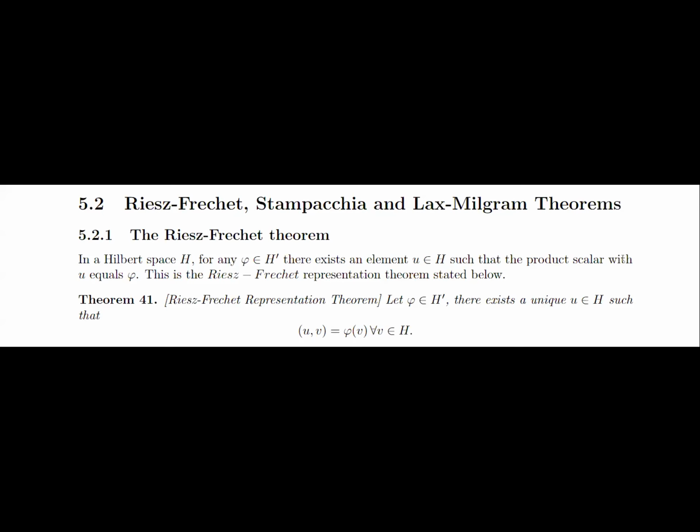So today we are going to focus on the Riesz representation theorem, which says that when you have a continuous linear functional phi on the dual of H, then you can always find a U, and this U is unique, such that when you take the scalar product of U with V, it is the same thing as phi of V for all V in H. And that's what we are going to prove now.